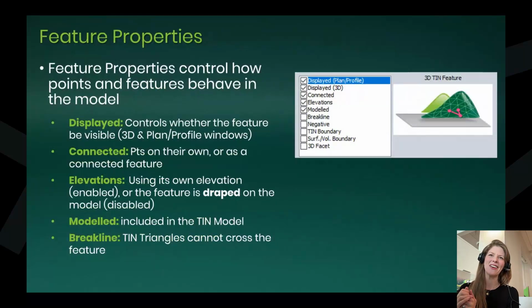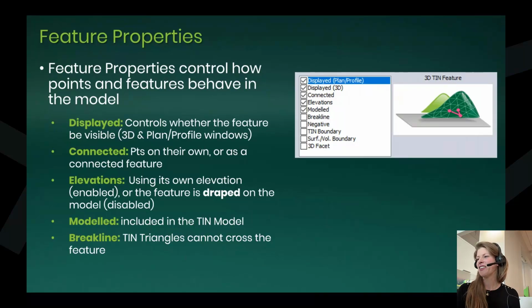Okay, my last concept, and then over to Matt, is this idea of feature properties. I mentioned it briefly there. You can change features and modify them, and some of the things you can modify are feature properties. These control whether your points are displayed, or they're connected, or perhaps they have elevation, or maybe they don't have elevation. And if you turn off elevation, that is going to drape a feature on the model.